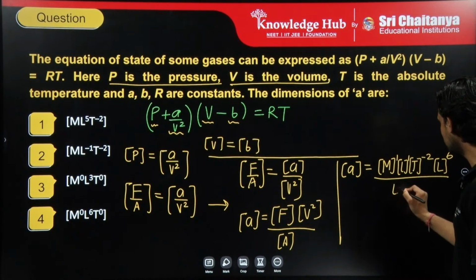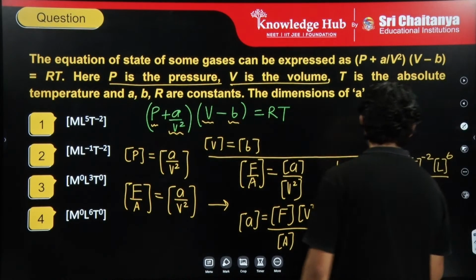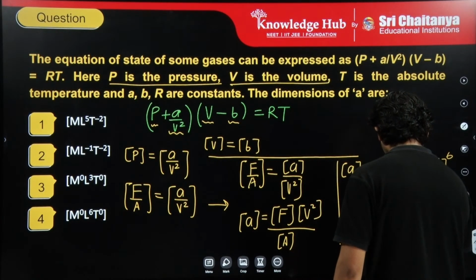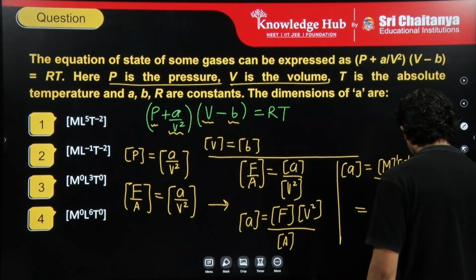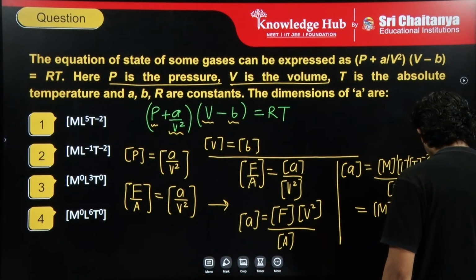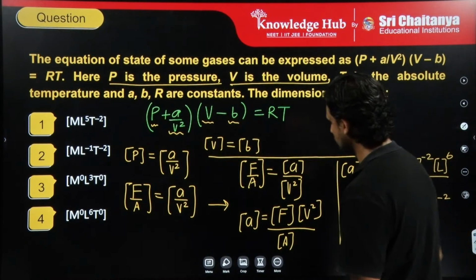Area is basically L raised to 2. So now what do I get here? I get M raised to 1, L raised to 5 and T raised to minus 2.